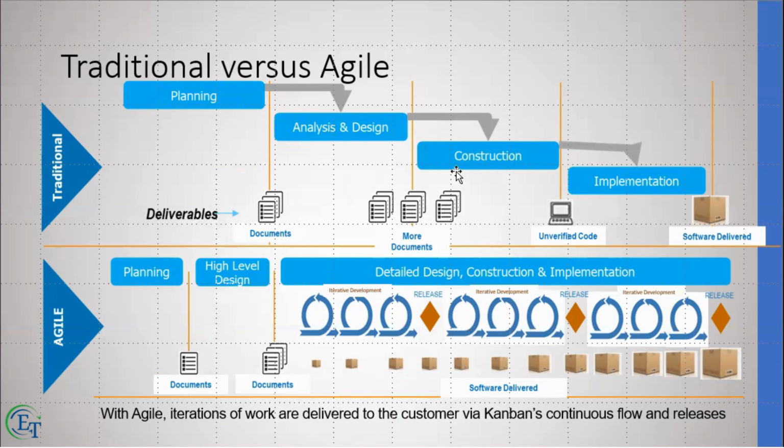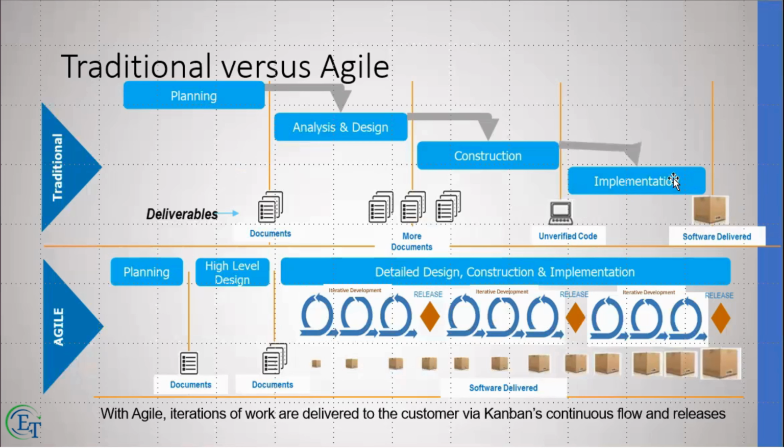And after these are approved, we would actually go into the development or construction. And the result of that construction would be unverified code. So you would have test cases, test results, but you would also have unverified code, which the product team or the business users have not yet seen or tested.